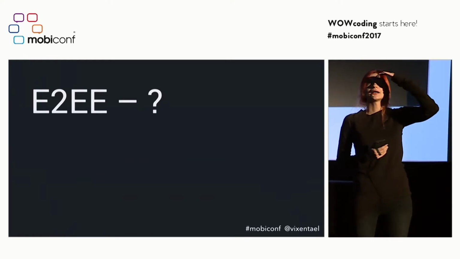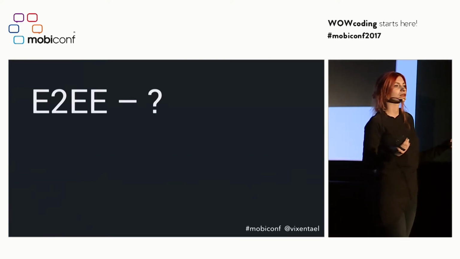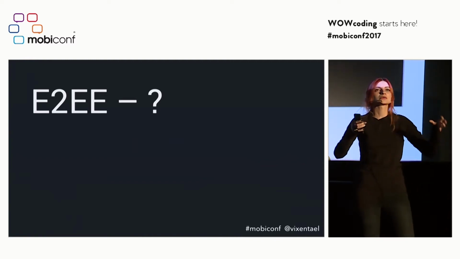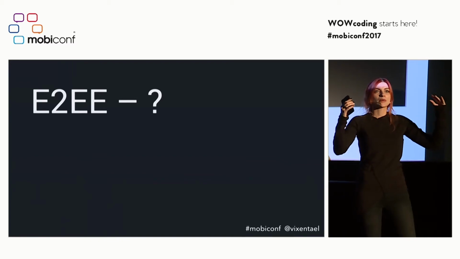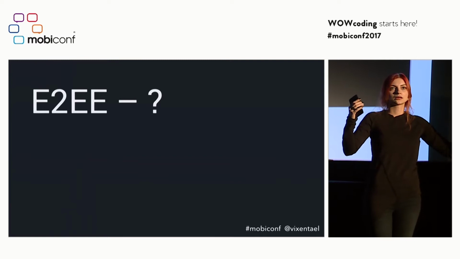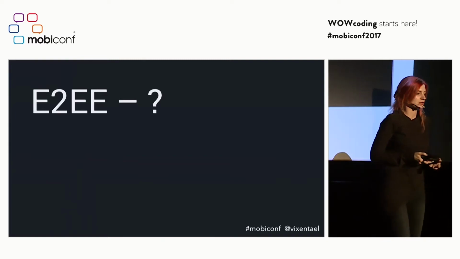No middleman, yeah. Well, basically the idea is really simple. End-to-end encryption means that there are clients and somewhere in between, a server, an environment, some networks, and messages are encrypted on the clients and can be decrypted on the clients.